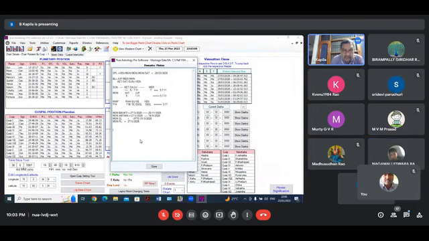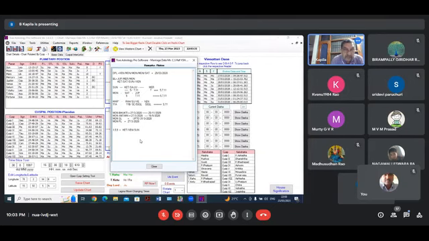Now you see that we have 1, 5, 9, and the star lords for it are Ketu, followed by Venus, and then Sun.